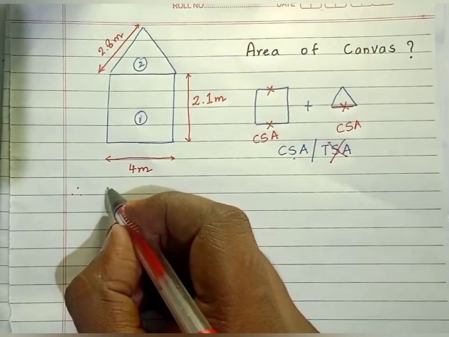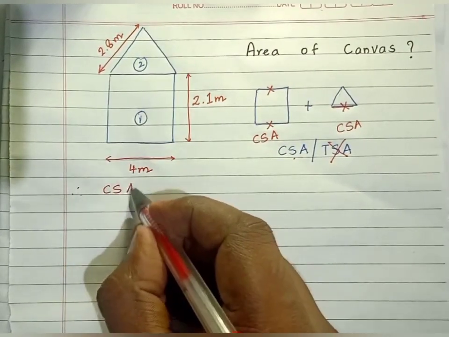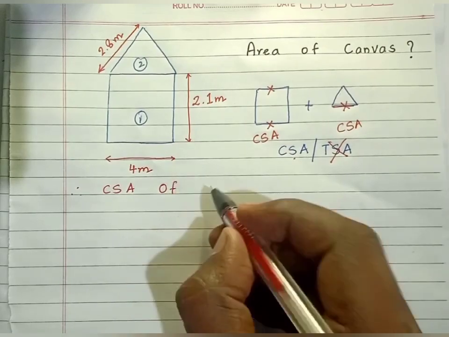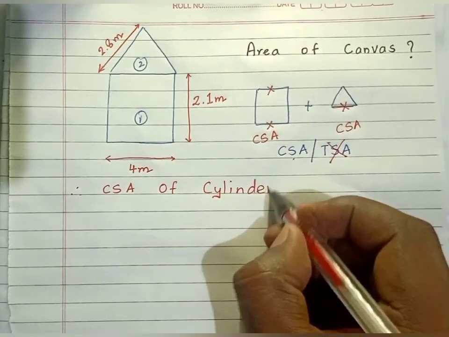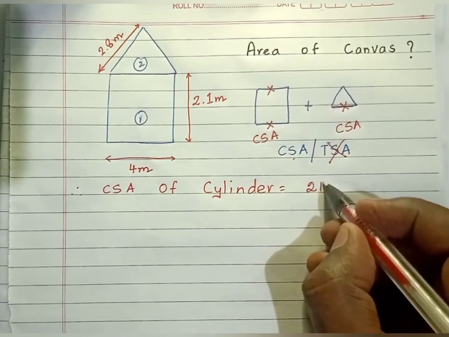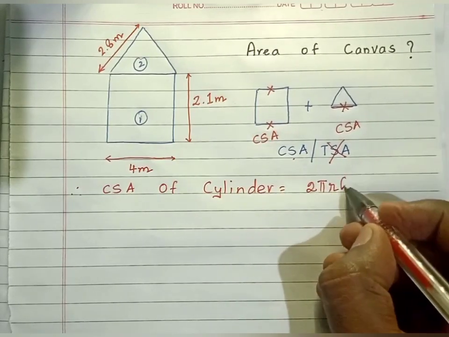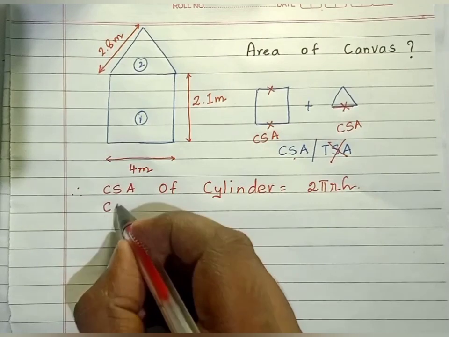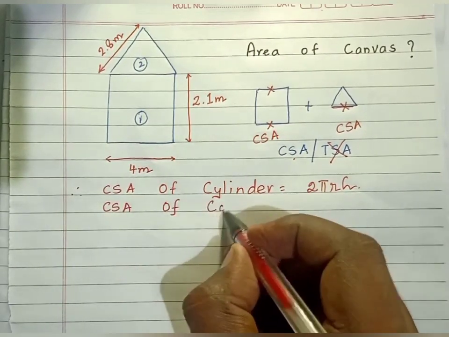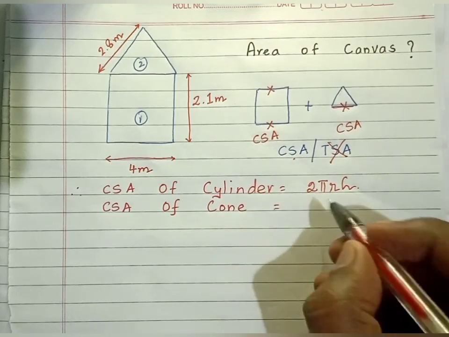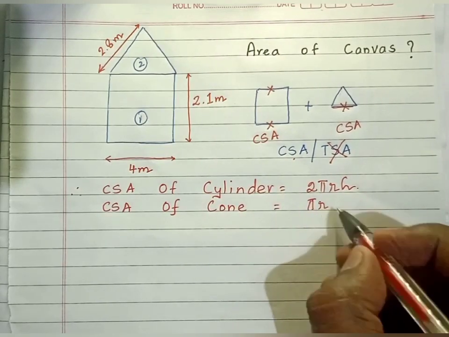Now, CSA of cylinder is 2 pi r h. The same way, CSA of cone is pi r l.